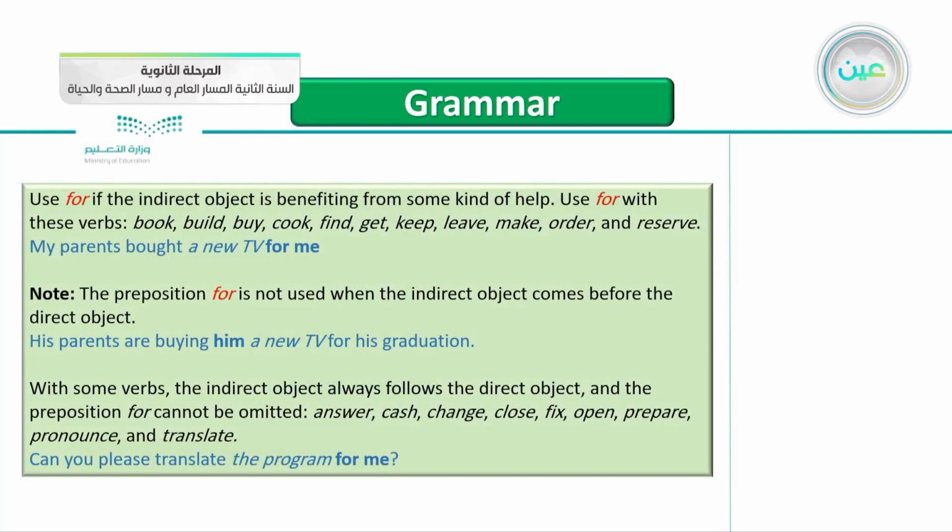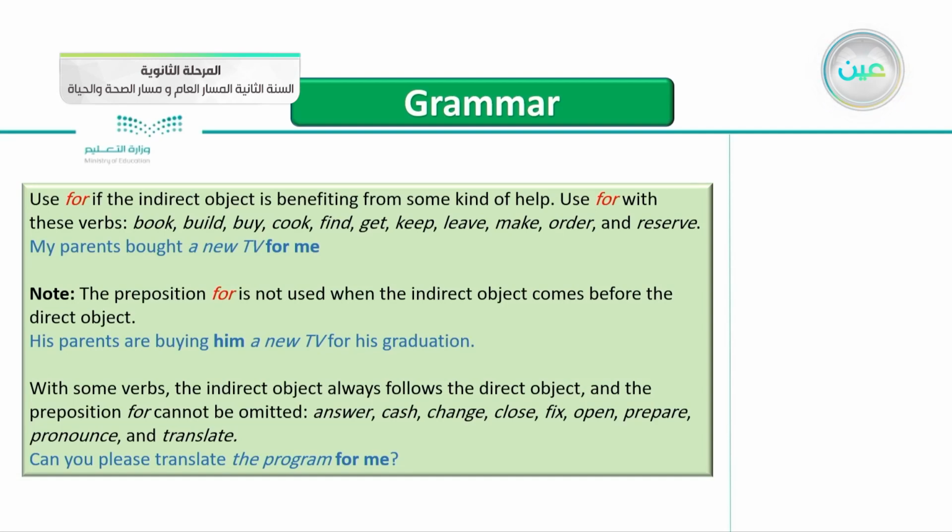We use for if the indirect object is benefiting from some kind of help, as Adil did. We use for with these verbs: book, build, buy, cook, find, get, keep, leave, make, order, and reserve.